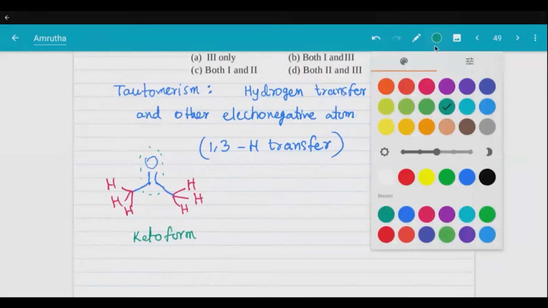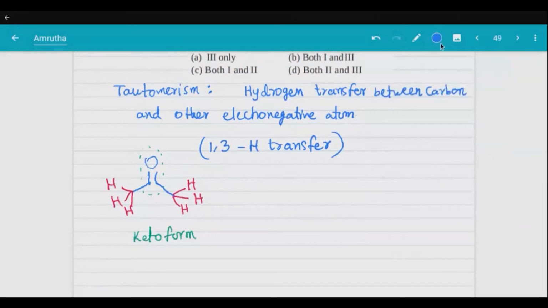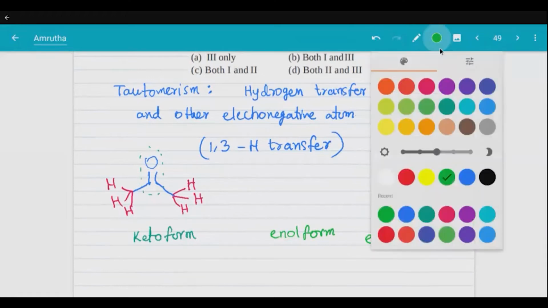Equilibrium means both isomers exist and they are in equilibrium. One form is converting into the other form. So the keto form will convert into the enol form. Enol: en plus ol. Double bond means en, ol means OH group. Now we can transfer like this.